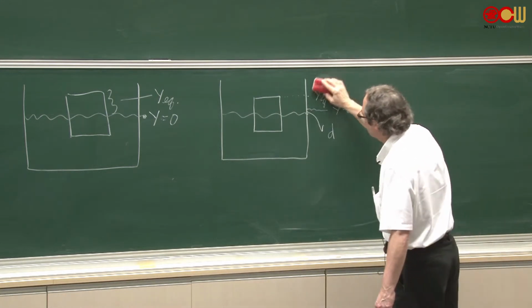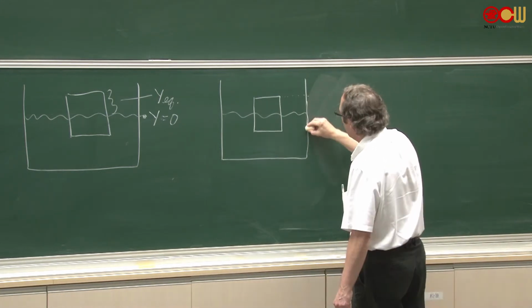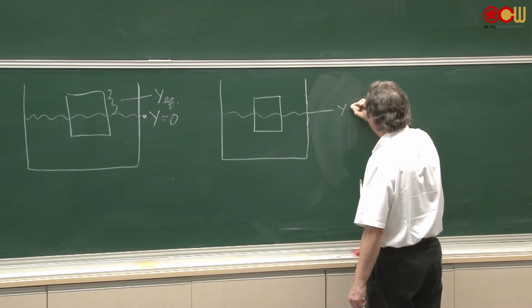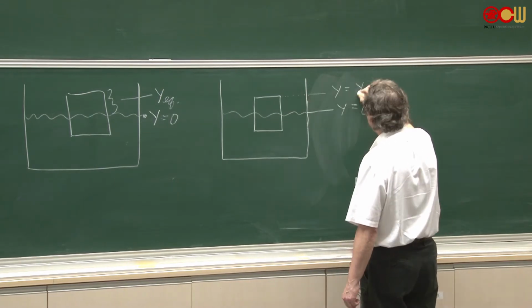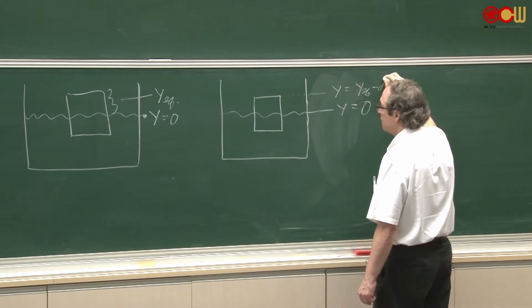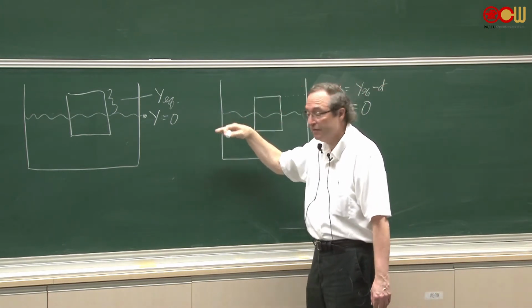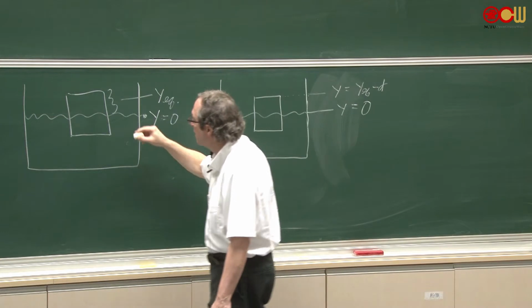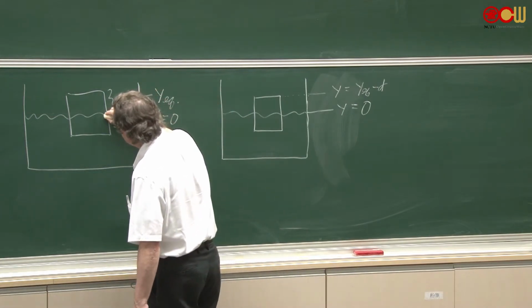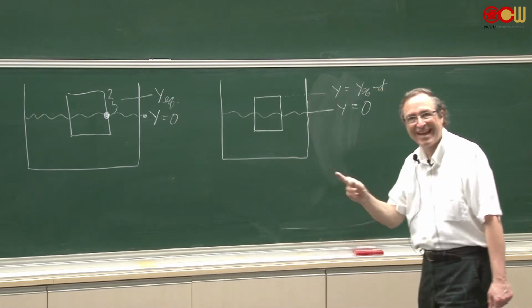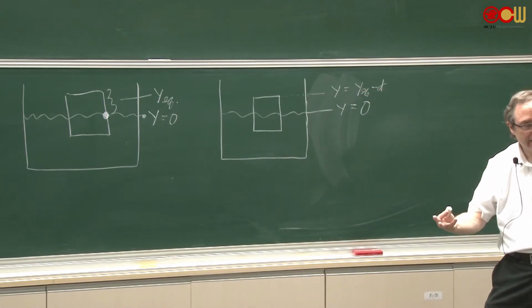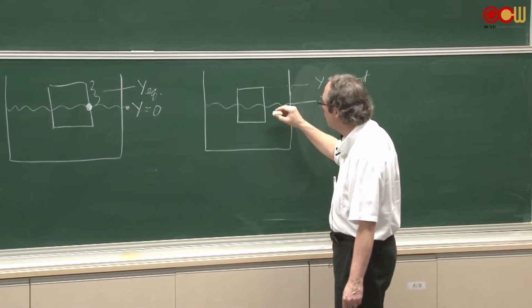All right, so let's fix this picture. This point is still y equals 0. This point, though, is y equilibrium minus d, because you pushed it down. The point is that if I put a dot on the object, that dot has moved down.